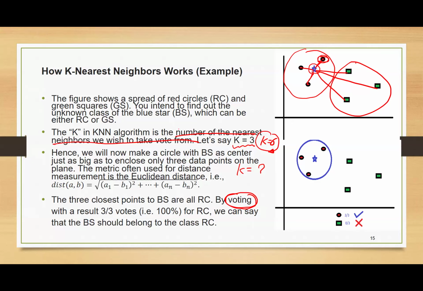If the guy who sits beside you is from year 3, then you are more probably a year 3 student because your friend is from year 3. So this is the idea of KNN. It finds the data nearest to you. Sometimes if I only find one friend, it might not be very accurate.